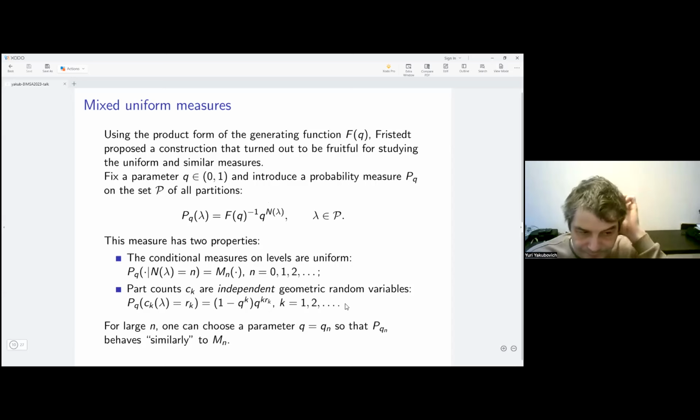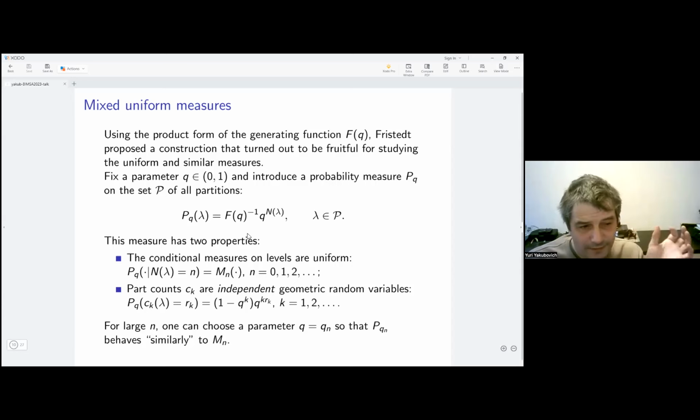Another property is that part counts become independent, and moreover they have geometric distribution, which is recalled here. It follows from the product representation of this generating function, which I explained a few slides before.